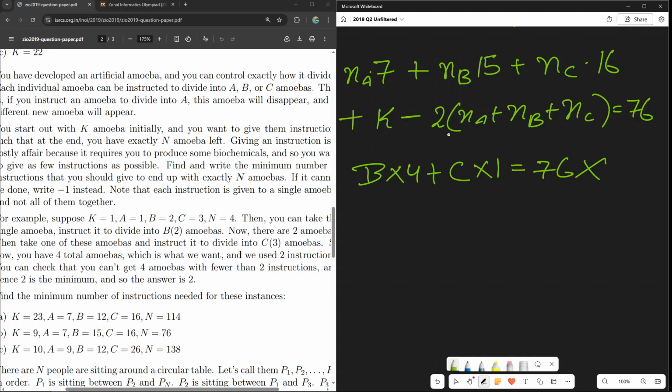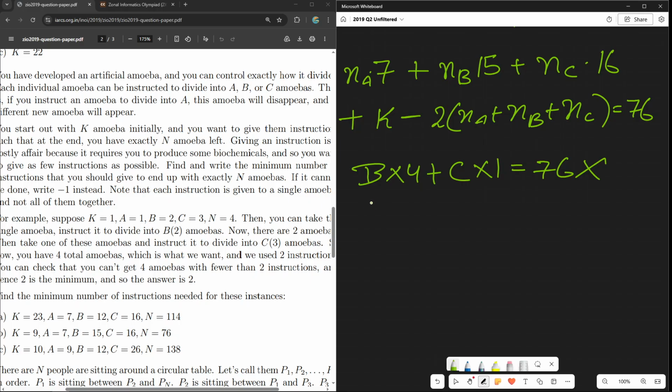Also n of a plus n of b must be least, right? For it to be least, automatically you have to multiply with the largest values first, and then the remaining must be added with n of a, right?